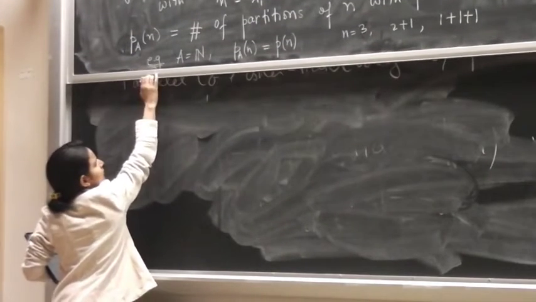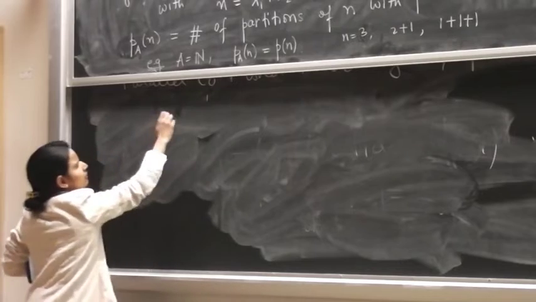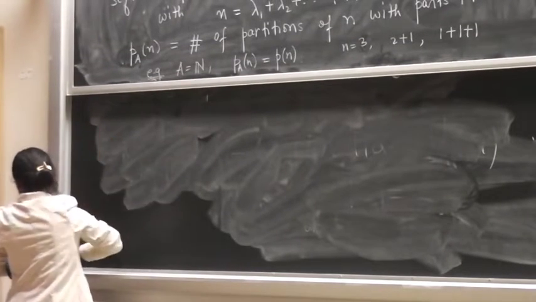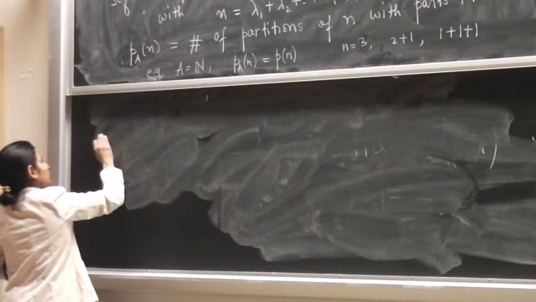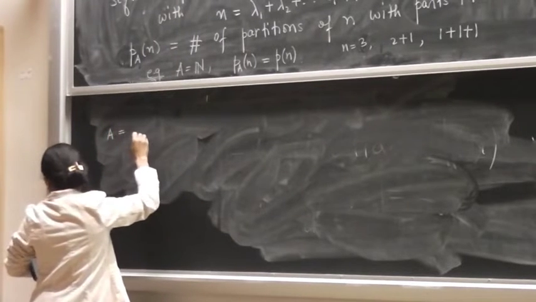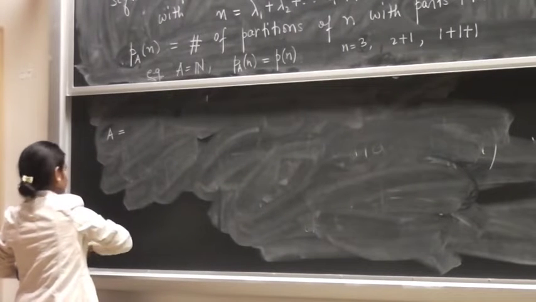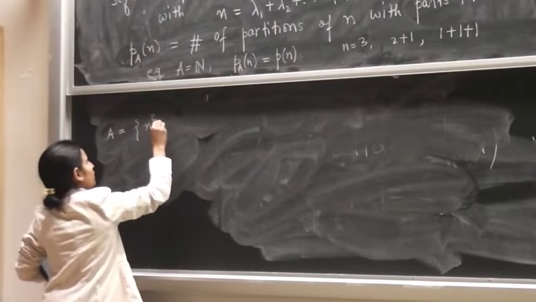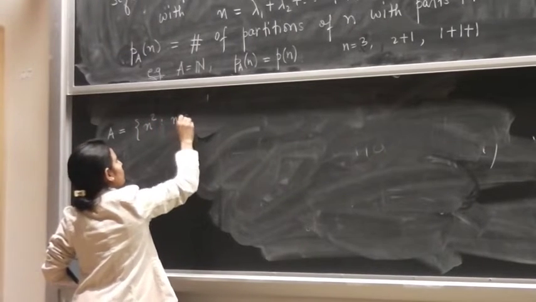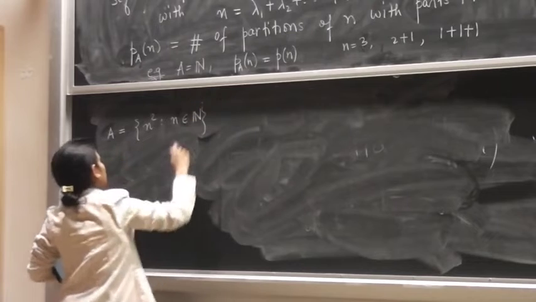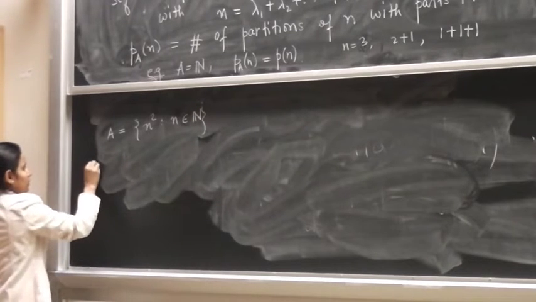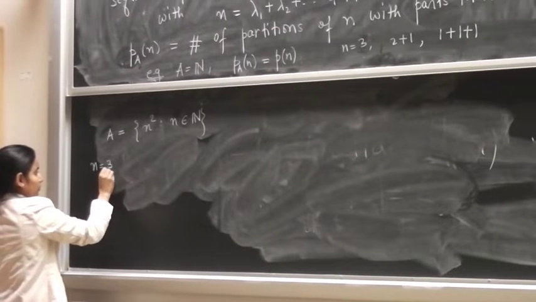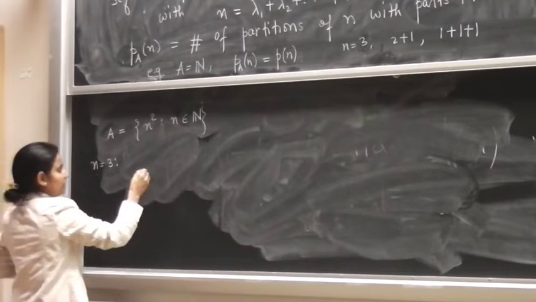Okay, so now let's take more particular sets. If you choose A to be, let's say, the set of squares, n squared such that n belongs to the integers, then if you take n equal to 3, you are not allowed to use this 3 as a part.